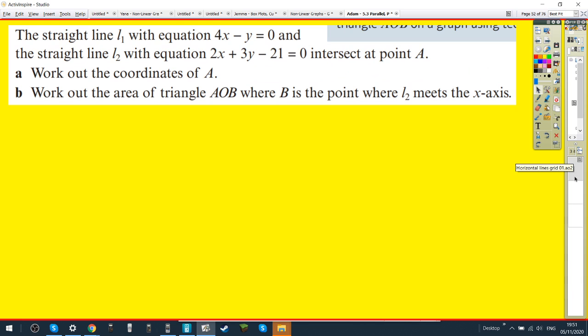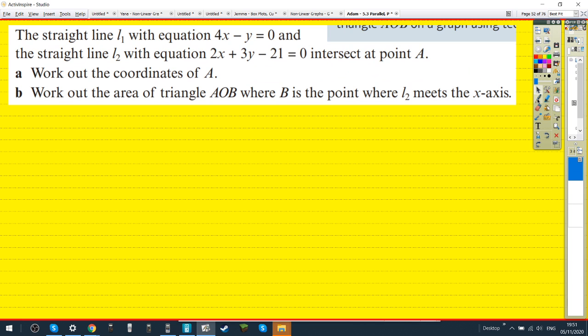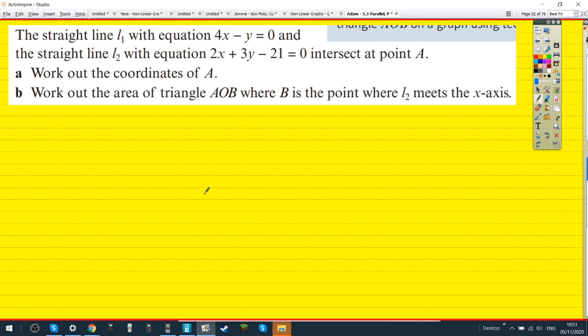Okay, how about this? Could you put it in as a simultaneous equation? Yeah, you could actually, you're right.